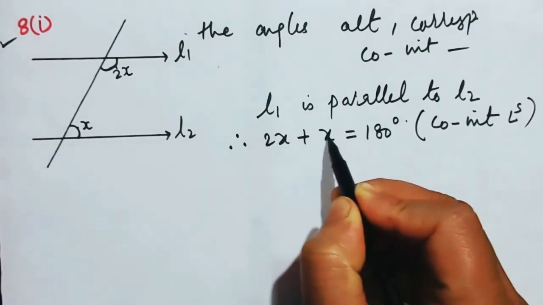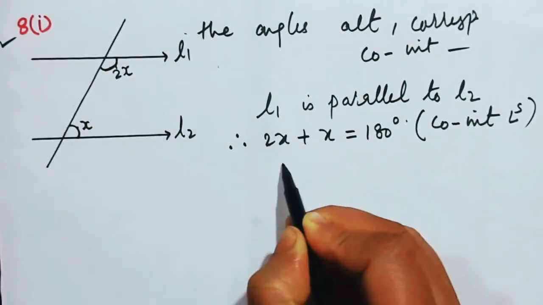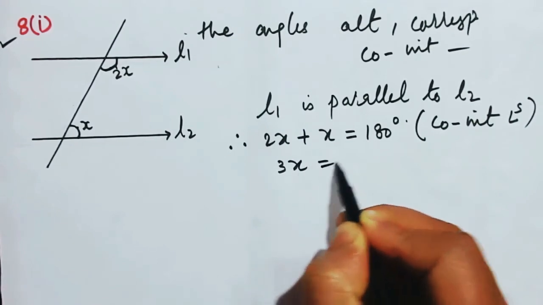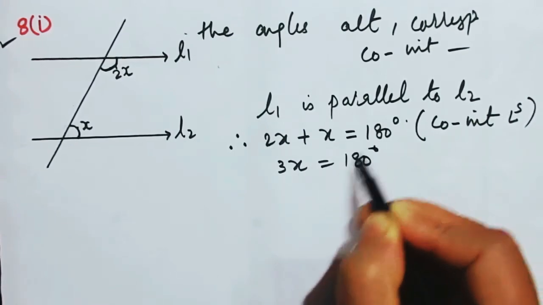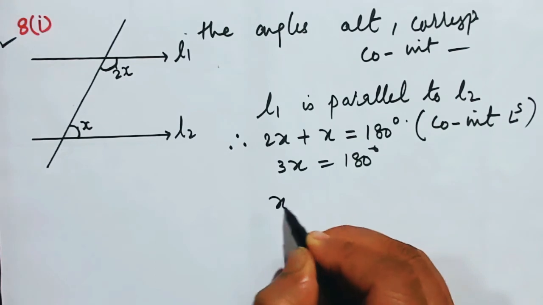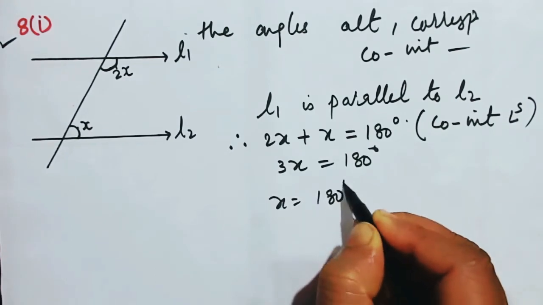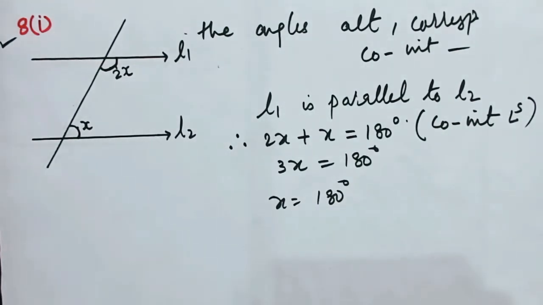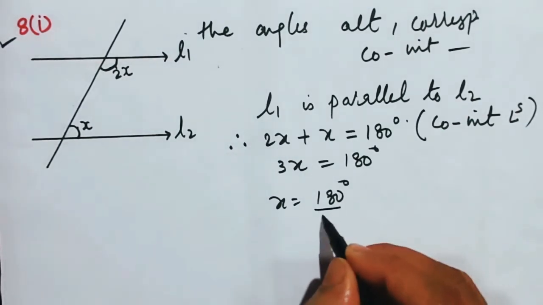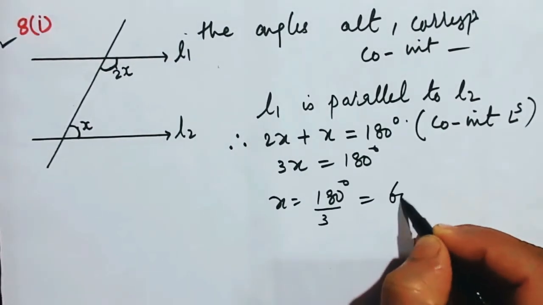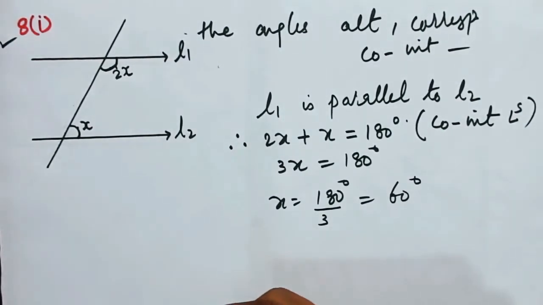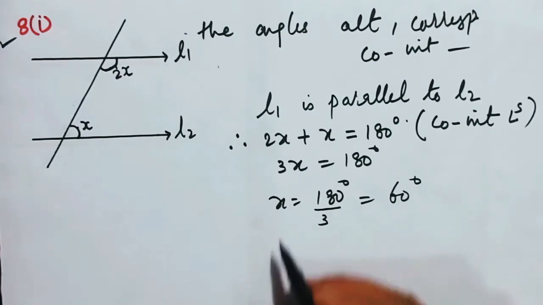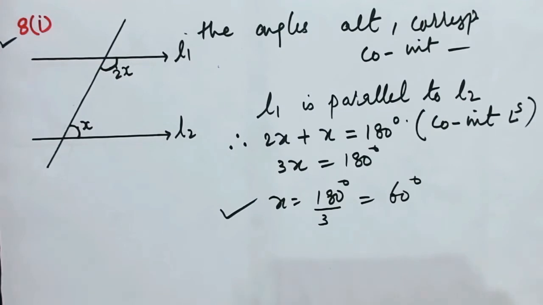So 2x plus 1x is equal to 3x will be equal to 180 degree. Therefore x will be equal to 180 divided by 3, which is 60 degree. We had been asked to find the value of x, and we found it.